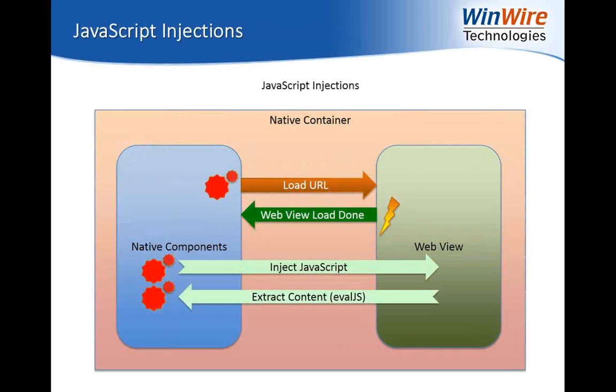Moving on, the most important aspect of a hybrid application is JavaScript injections. Now this is a special case. The native app can communicate with the web view to send messages using the first methodology as we talked about earlier. However, there are scenarios when the native app needs to fetch or send custom data from or to the web view.